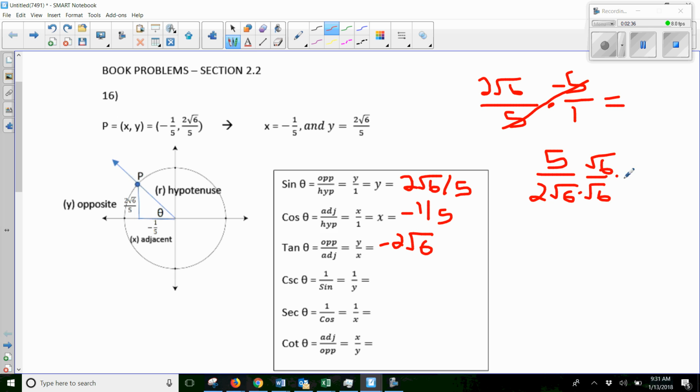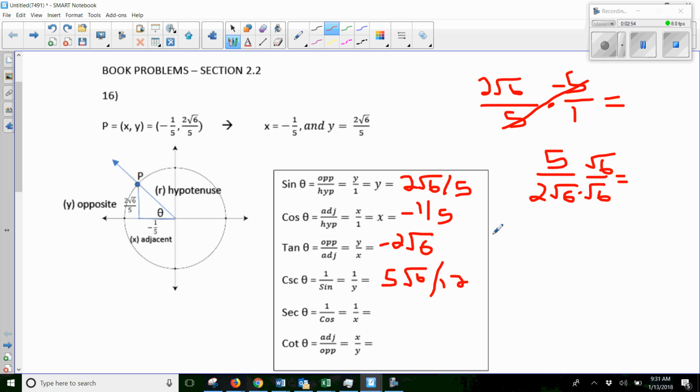Okay, so now on the top we're going to have 5 root 6, and in the denominator square root of 6 times square root of 6 is just 6, and 6 times 2 is 12.